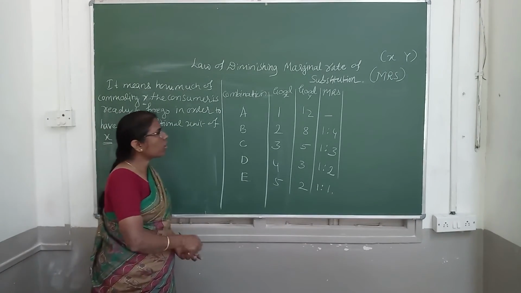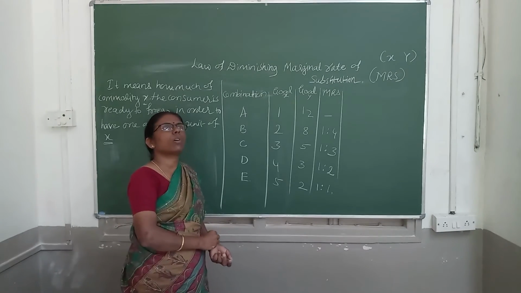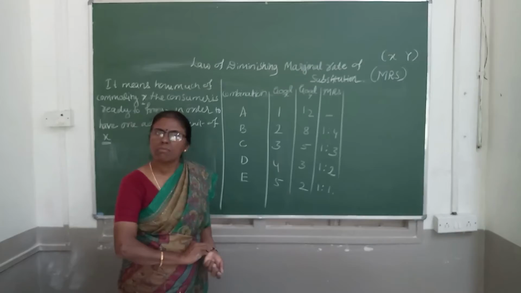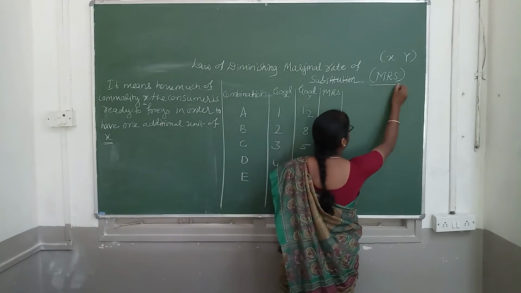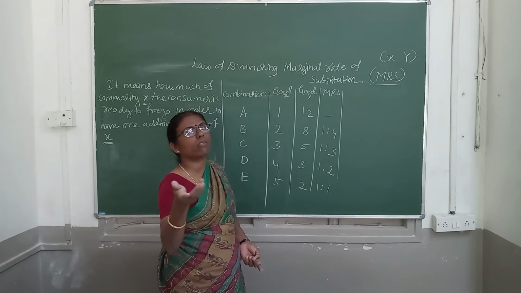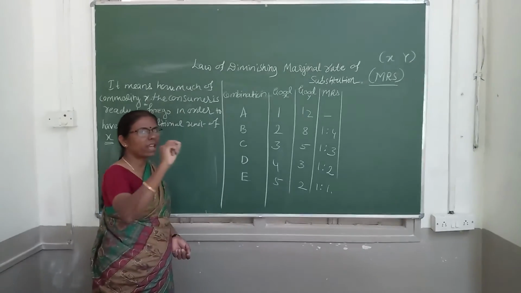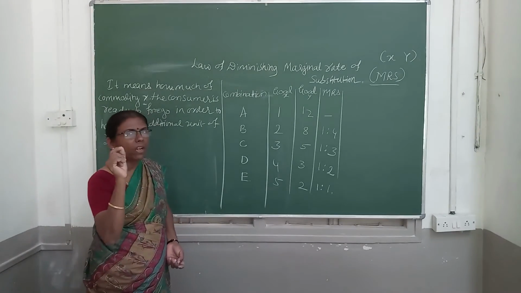See here, how to calculate the marginal rate of substitution. It is also asked for as a 1 mark question. For abbreviation, it is asked: expand MRS. You have to write marginal rate of substitution. If the question is like this, what do you mean by MRS?